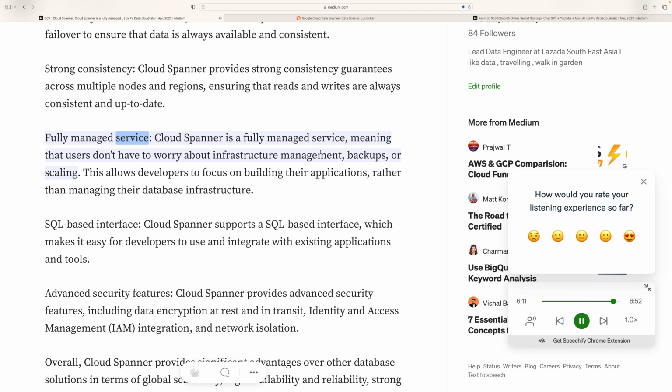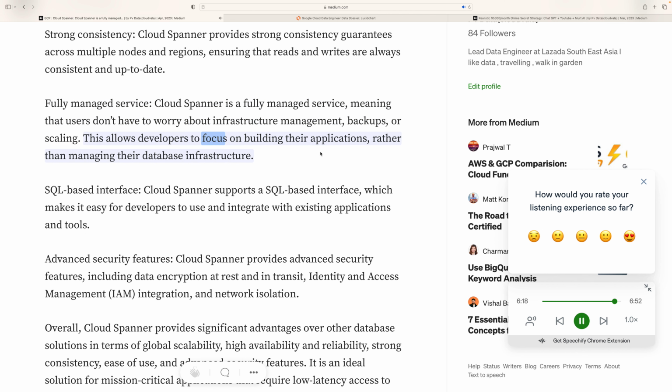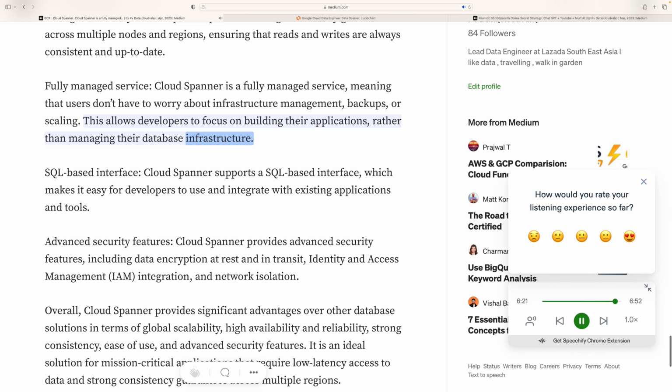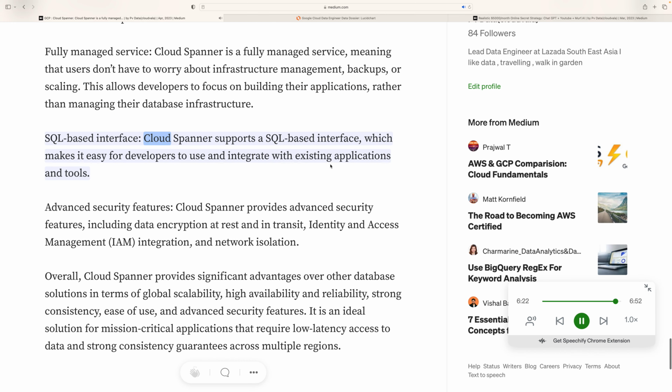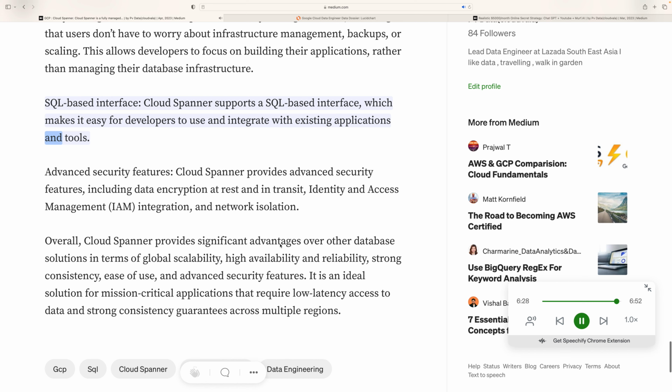Fully managed service. Cloud Spanner is a fully managed service, meaning that users don't have to worry about infrastructure management, backups, or scaling. This allows developers to focus on building their applications, rather than managing their database infrastructure. SQL-based interface. Cloud Spanner supports a SQL-based interface, which makes it easy for developers to use and integrate with existing applications and tools.